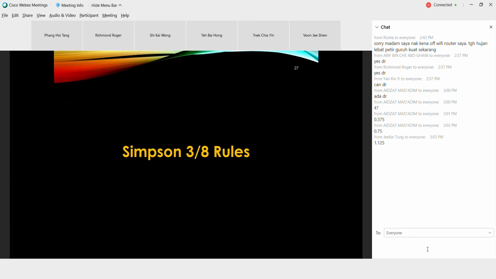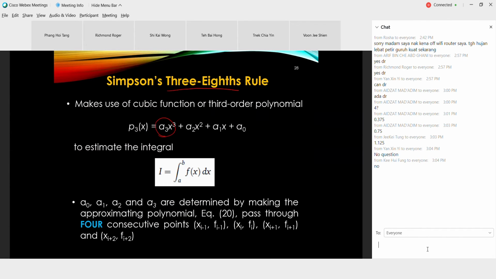No? Okay, so now this is the last method, or last rule, for Newton-Cotes. We call it Simpson 3/8 rule. Simpson 3/8 basically uses a third order polynomial, and same as 1/3, they also use points. Here they want to determine the coefficients A0, A1, A2, and A3.